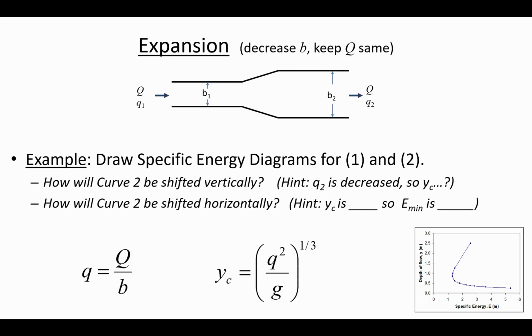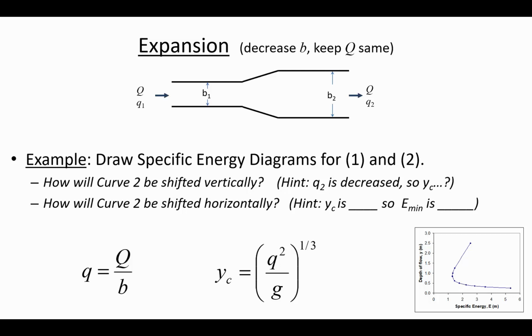So at 2, the critical depth is lower, so y sub c at location 2 is less. And if y sub c is less, then that means that the minimum specific energy, E min, is less, because E min is 3/2 times y sub c. So it shifts the curve lower and to the left.